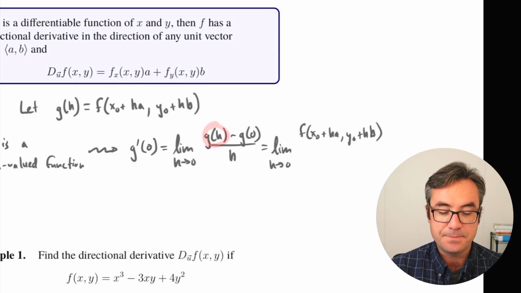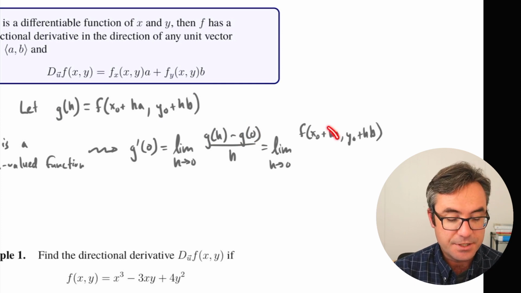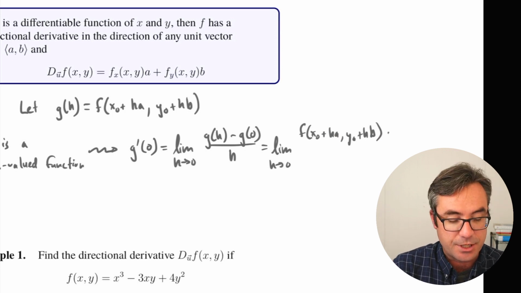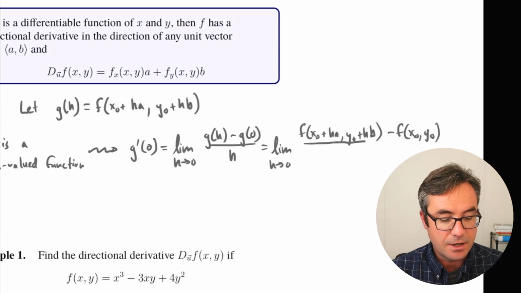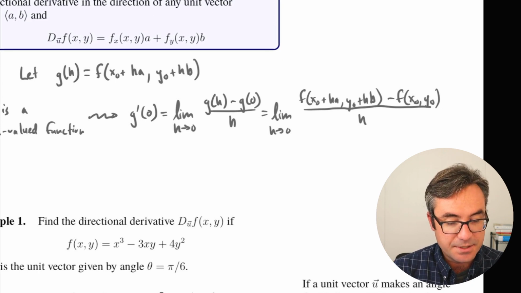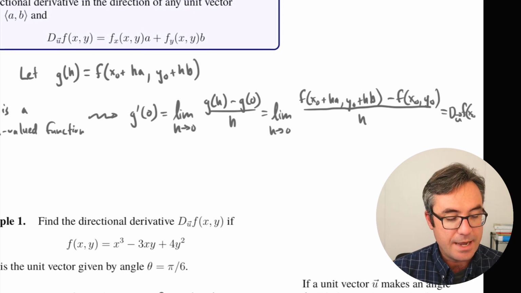And then g of 0, if we plug 0 in for h, this part's going to be gone and that part's going to be gone. So it's just our original function evaluated at x0, y0, and then this is all over h. And this is precisely the directional derivative of our function evaluated at x0, y0.